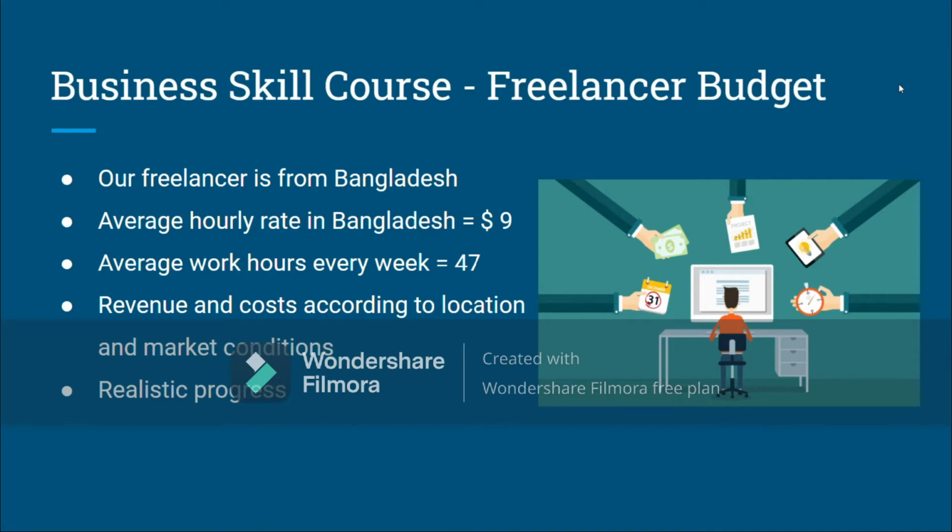We have also decided to make a realistic progress in the newly started freelancer's budget, which means that in the start of the year, the freelancer will have a slightly lower revenue due to the low work hours and few projects the freelancer will have, and the more the freelancer adapts to the market and the industry, the more work hours the freelancer will get, and therefore a higher revenue.